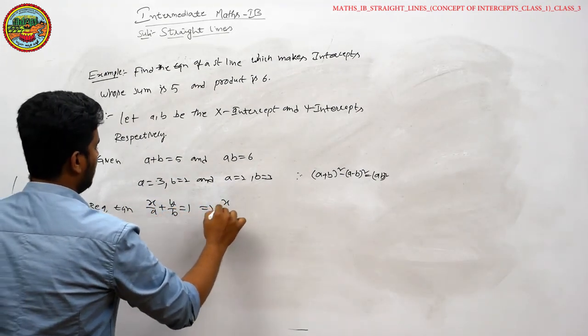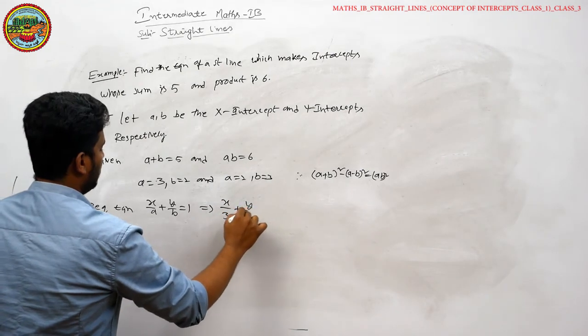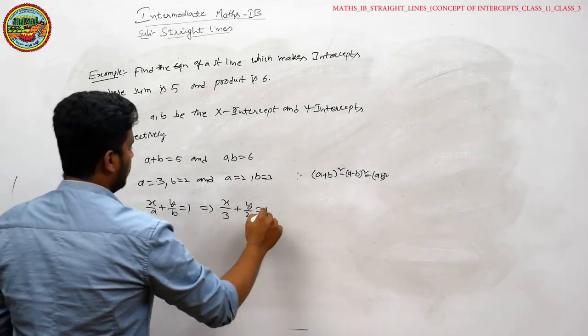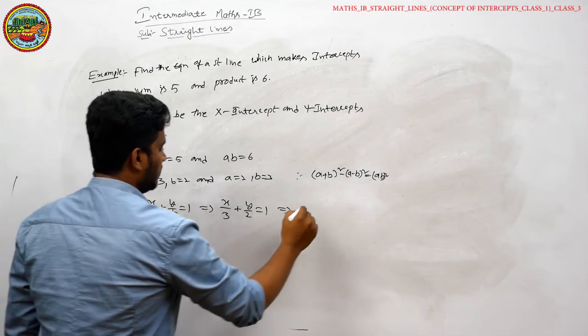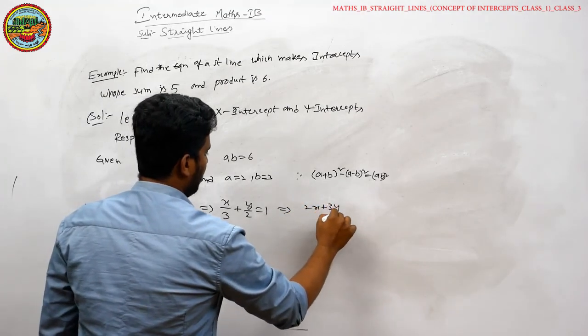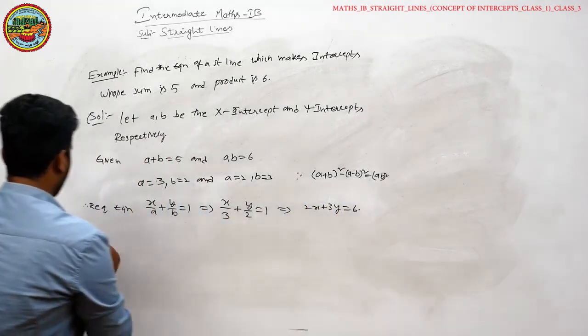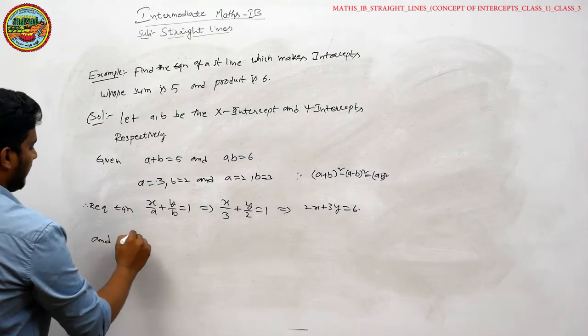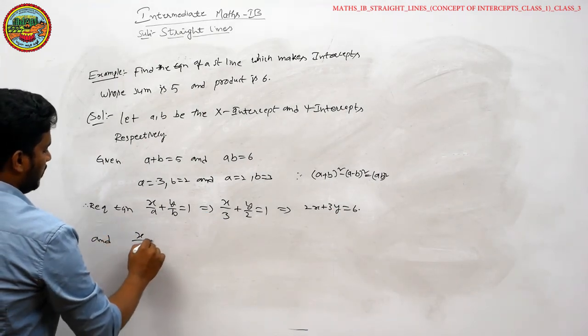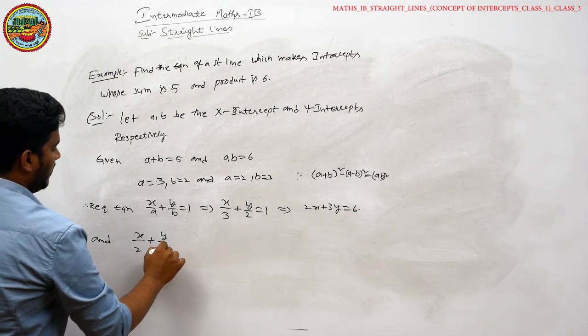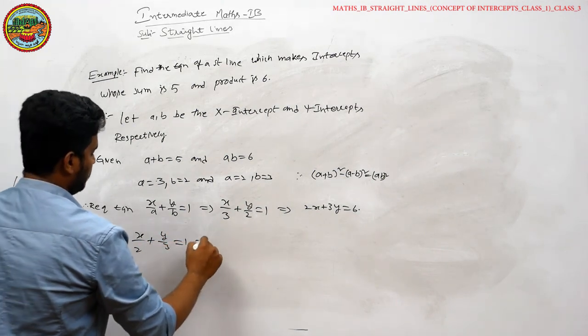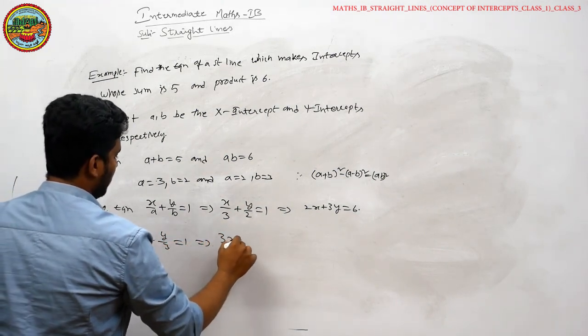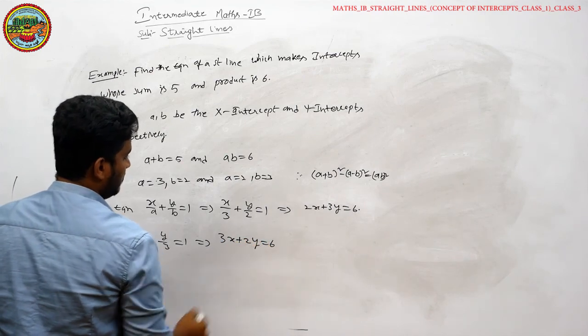Which implies x by 3 plus y by 2 is equal to 1. Which means 2x plus 3y is equal to 6, and another one, x by 2 plus y by 3 is equal to 1. Which means 3x plus 2y is equal to 6.